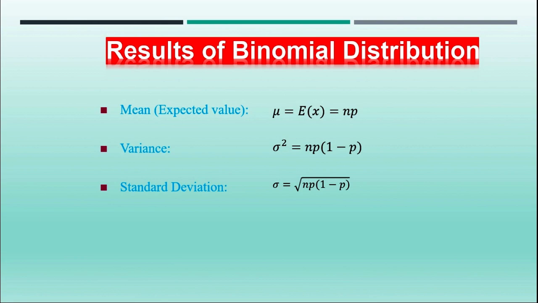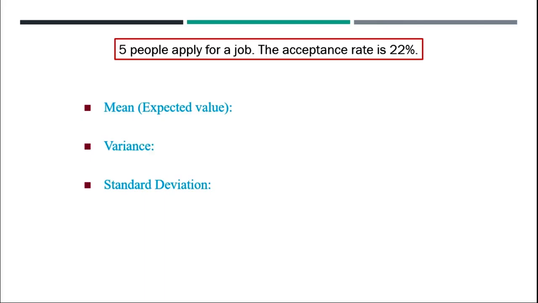Let's go back to the example. 5 people apply for a job. The acceptance rate is 22%. What is the mean, variance, standard deviation? n is 5 and p is 22%. Mean or expected value is 1.1.